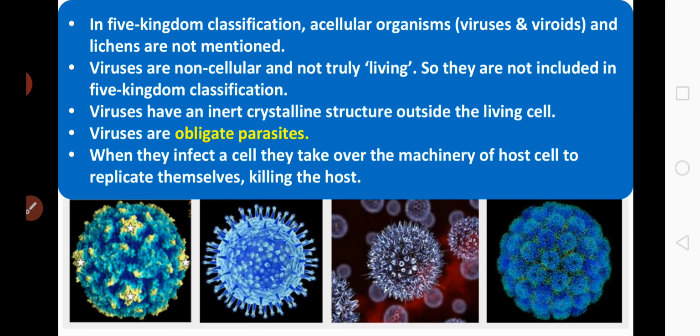They are obligate parasites, can cause diseases in the host tissue or the host organisms. And after infecting the living cell, they make use of the protein synthesis machinery of the host cell to replicate themselves, thus killing the host.